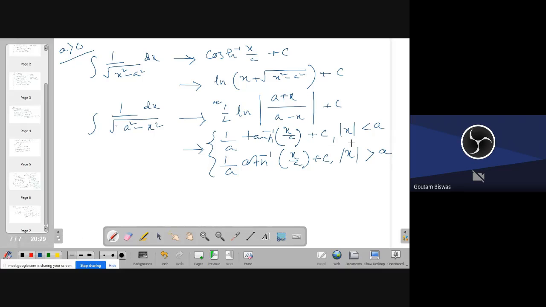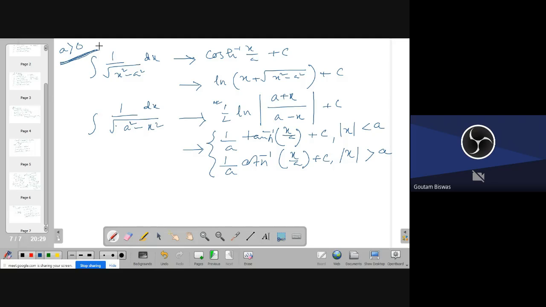But if modulus x is greater than a, then this becomes something different, and the answer is this or this. So there are two types of answers. If you don't do it, then I can do it, no problem. But remember, always a is greater than 0, you must write it.